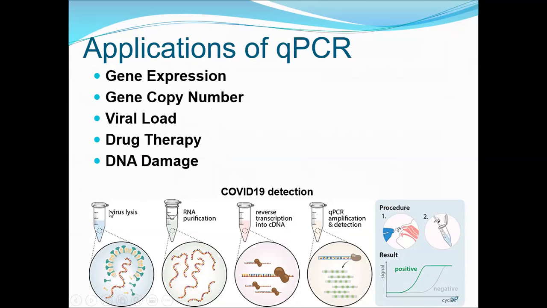Here first the swab sample is taken, a nasal or oral swab sample, and the lysis of the virus is done, RNA extraction is done, and then RNA is converted to cDNA, and then this cDNA is used as a template for the amplification and detection of your viral genome, not the mRNA, the viral genome.